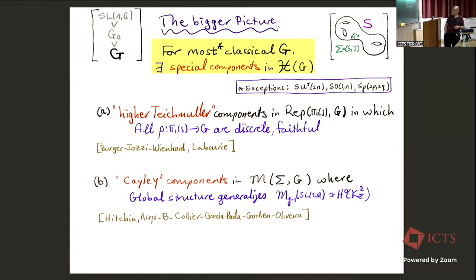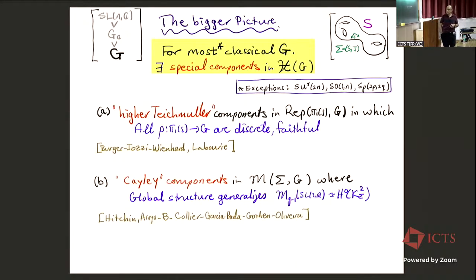From the representation theory perspective, you can identify these distinguished components in the representation variety, which, like the Teichmüller components for SL2R, have the feature that all the representations in those components are discrete and faithful. There's a different way of identifying the components in terms of the Higgs bundle structure. So we call these the Cayley components.